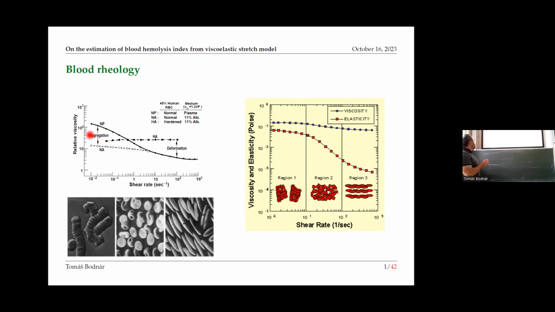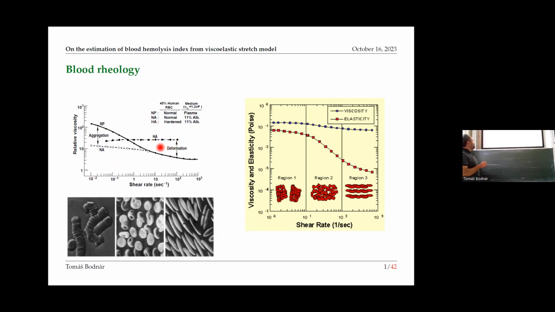So this phenomenon, which is called shear thinning, so it's really thinning with increasing shear, can be partially attributed to aggregation of red blood cells. So if you prevent the red blood cells from aggregation, we'll get the lower curve, which is much more flat. And partially, the shear thinning can be attributed to deformation of red blood cells.